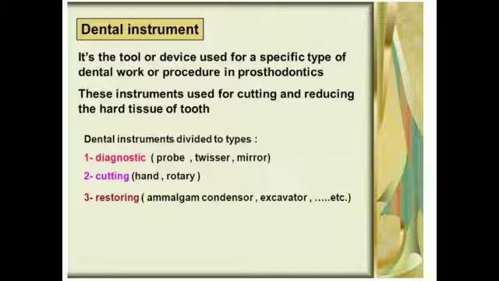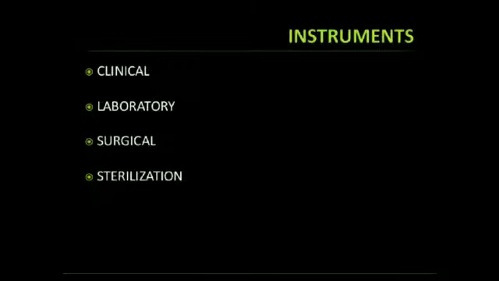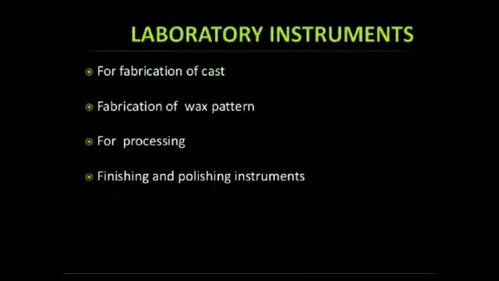Cutting: chisels, hand cutting instruments, and rotary. Restorative: amalgam condensers, excavators, etc. Instruments are also used as clinical, laboratory, surgical, and sterilization. Laboratory instruments are for fabrication of casts, fabrication of wax patterns for processing, and finishing and polishing.